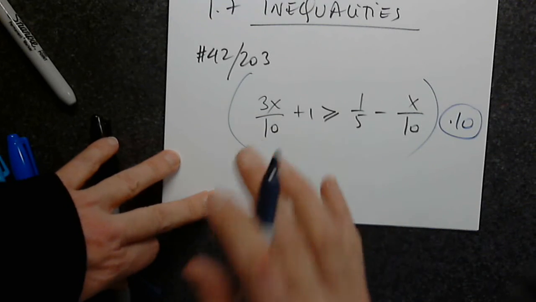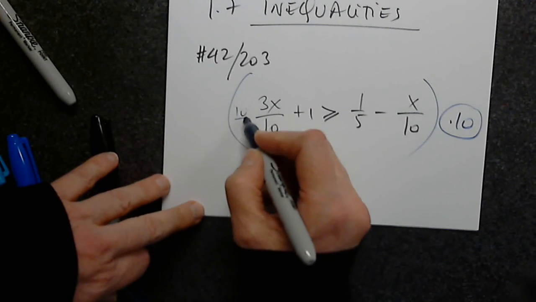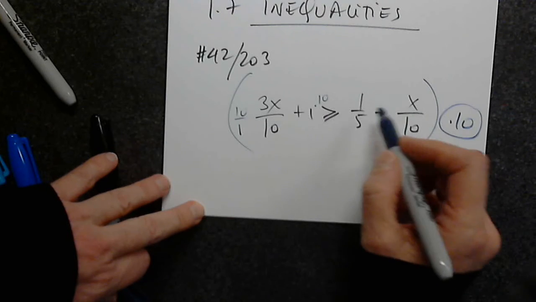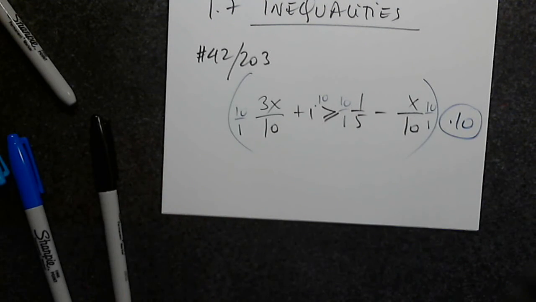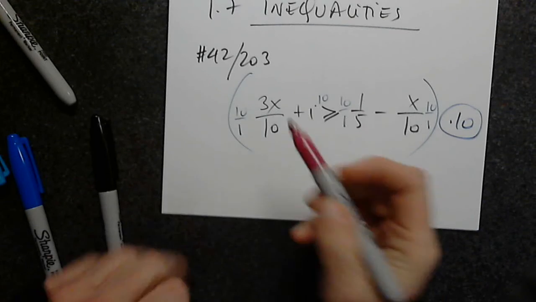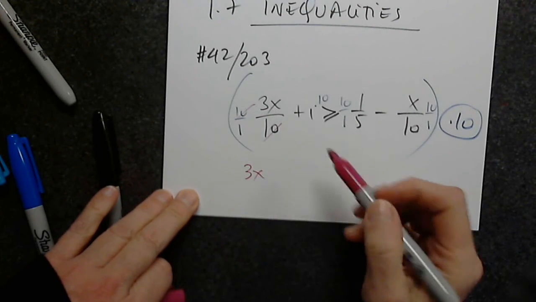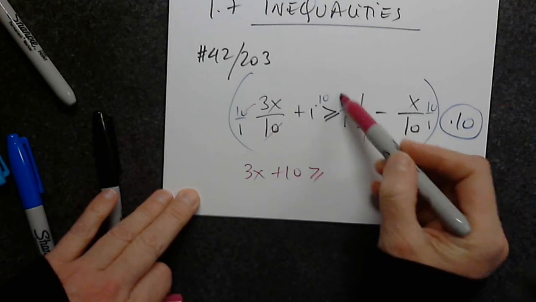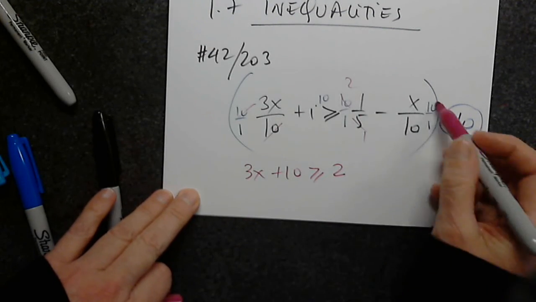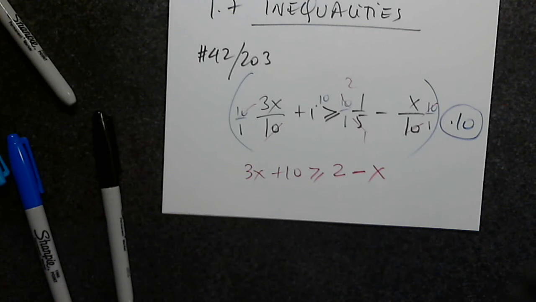Write it as 10 over 1, this one times 10, this one times 10 over 1, and this one times 10 over 1, because I want you to simplify first, not multiply. So I simplify these two, I get 3x. I multiply these two, I get positive 10. I simplify these two, I get 2. And I simplify these two, and I get x.